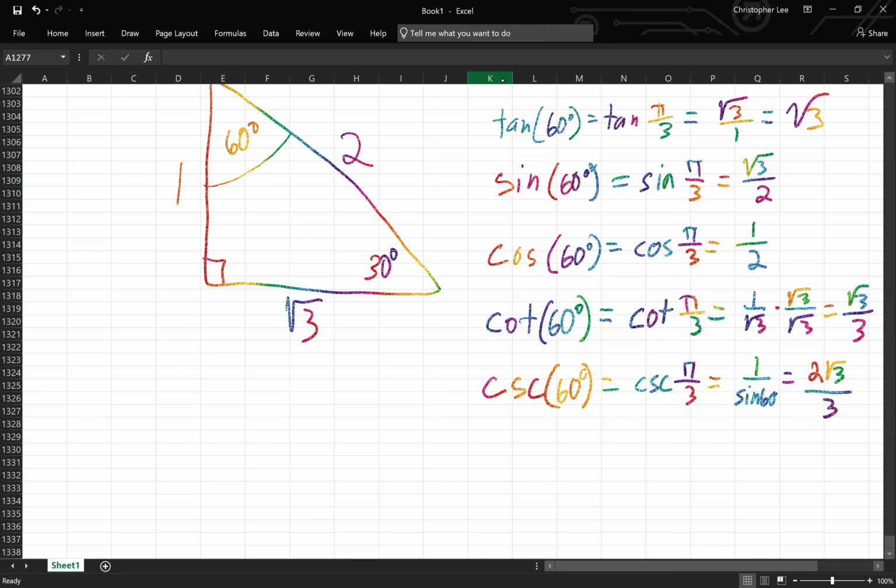And last but not least, we have the secant of 60 degrees. Call that secant pi over 3. So this is going to be 1 over cosine 60, which is 1 over 1 over 2. Call that 2. And that's it. That's this whole question right here.